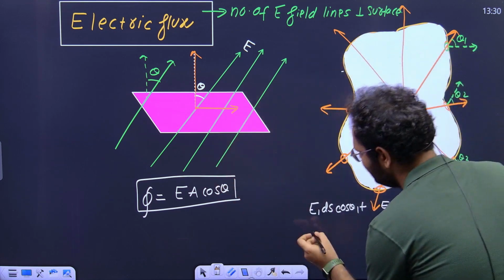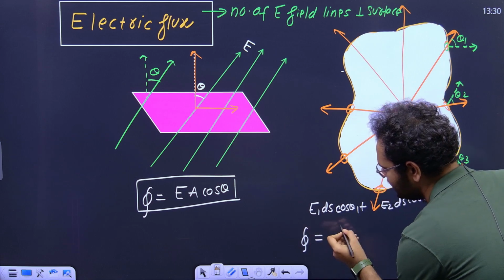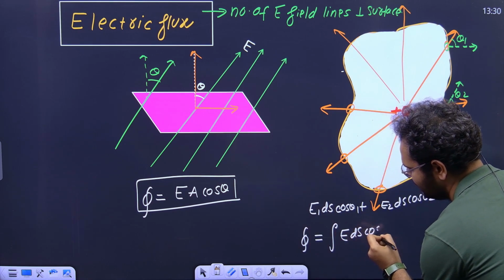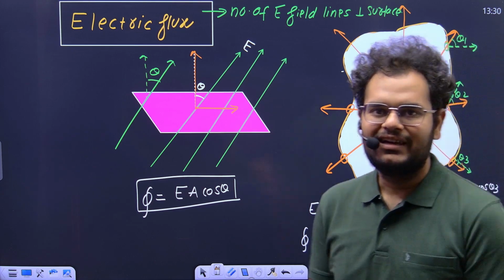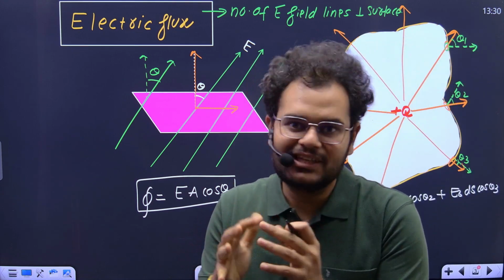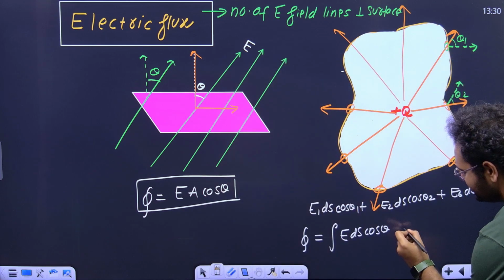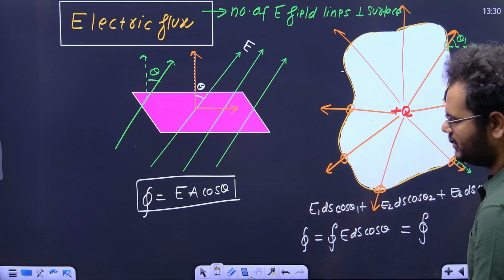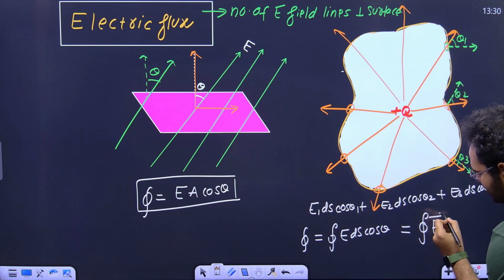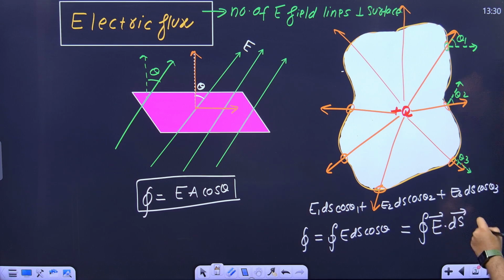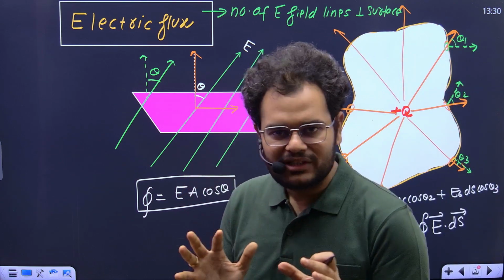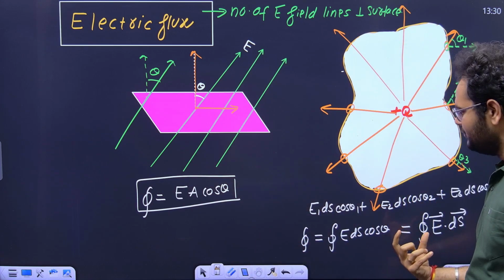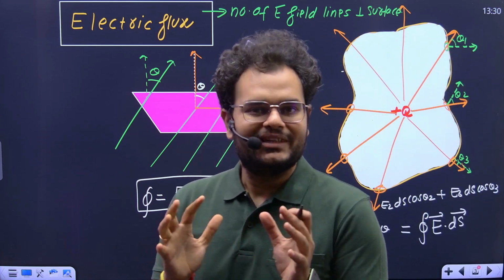Instead of that, what I will do is, simply this is nothing but integration E ds cos theta. What is E ds cos theta? It is E A cos theta, nothing but a dot product. Yes, sir. So I can also write this as a closed integral. Sir, why closed integral? Because over a total surface we are taking E vector dot ds vector. So two formulas we have. One is for uniform electric field and another is for non-uniform electric field. Okay. So this is the basics about flux.